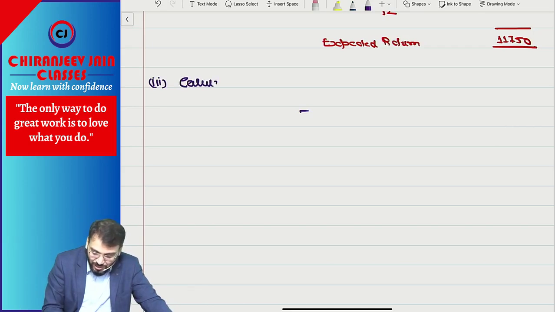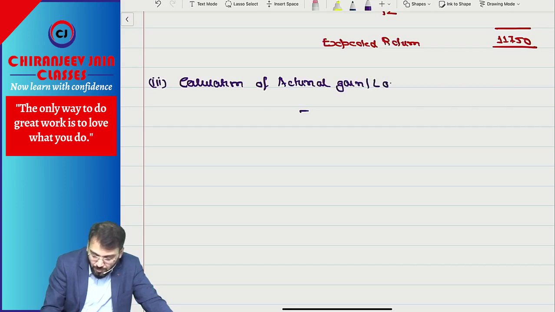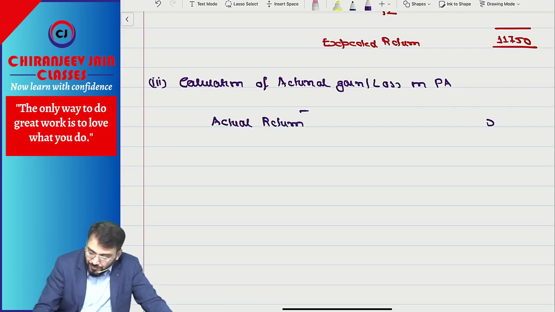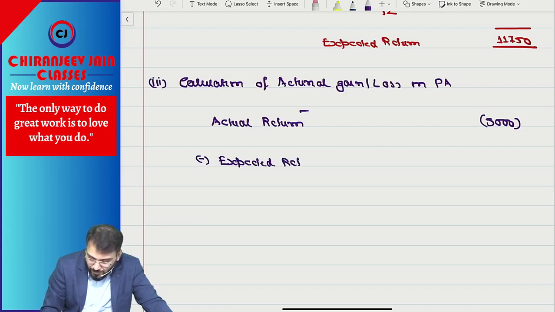Now, calculation of actuarial gain or loss on plan asset. Actual return is negative 5,000. From this you'll deduct expected return 11,750.